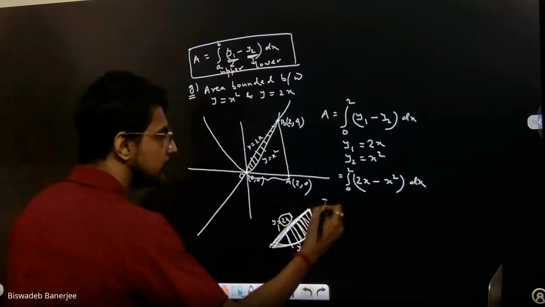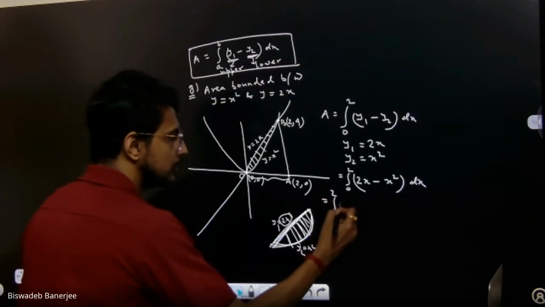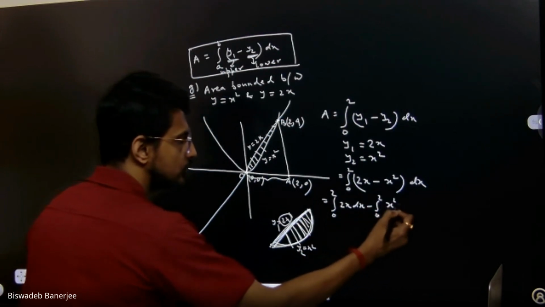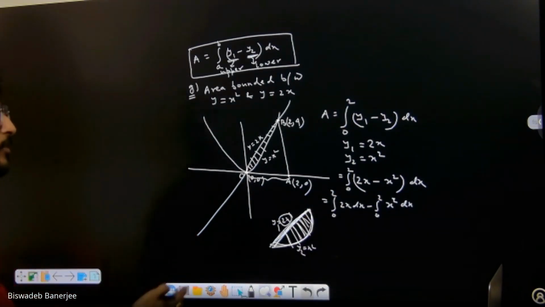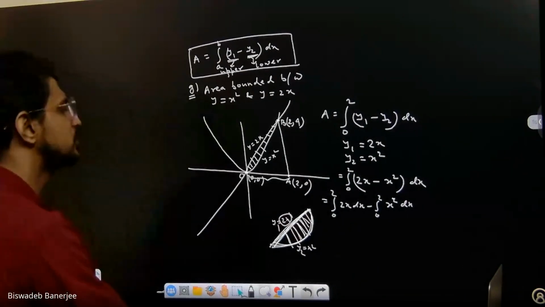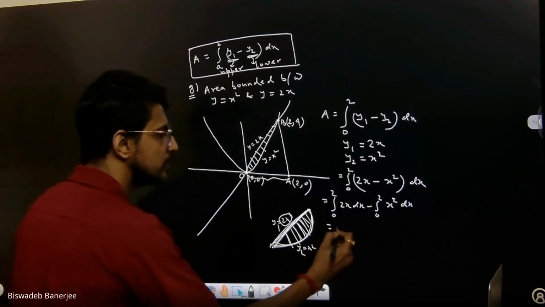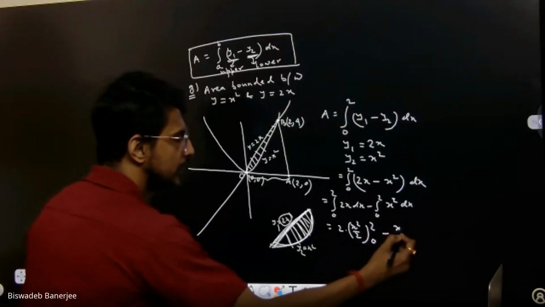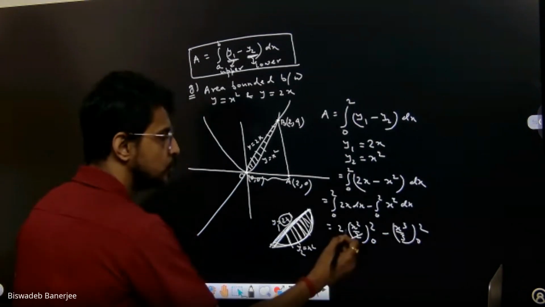If we solve this, it is the integration from 0 to 2 of 2x dx minus the integration from 0 to 2 of x squared dx. It's a very basic integration. The integration of x is x squared by 2, and the integration of x squared is x cubed by 3. The 2 gets cancelled.